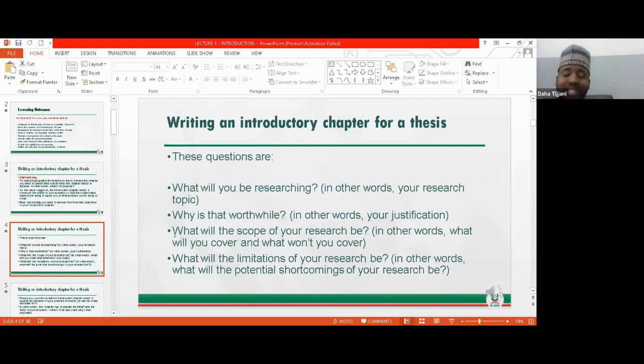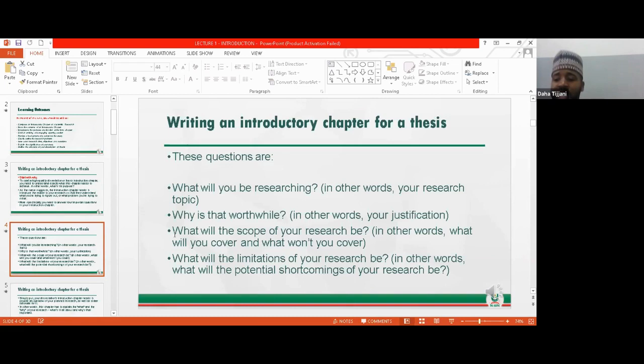I will show examples one by one of what these sections mean. 3, what will the scope of your research be? In other words, what are you going to cover? What is it you are not going to cover? You need to mention this explicitly, clearly. You need to mention what your research will cover and what it will not cover.